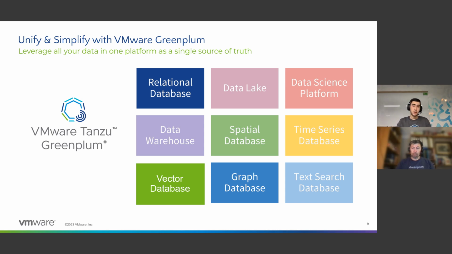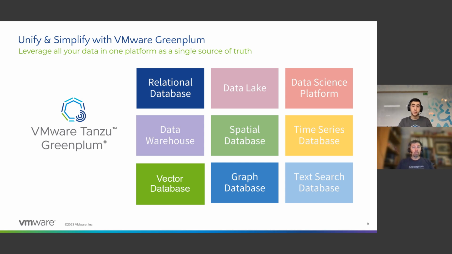I just mentioned that data scientists can connect to the database, write their own Python or R, or use our extensions, and they are ready to train, deploy, and feature engineer their models. So that's pretty nice.